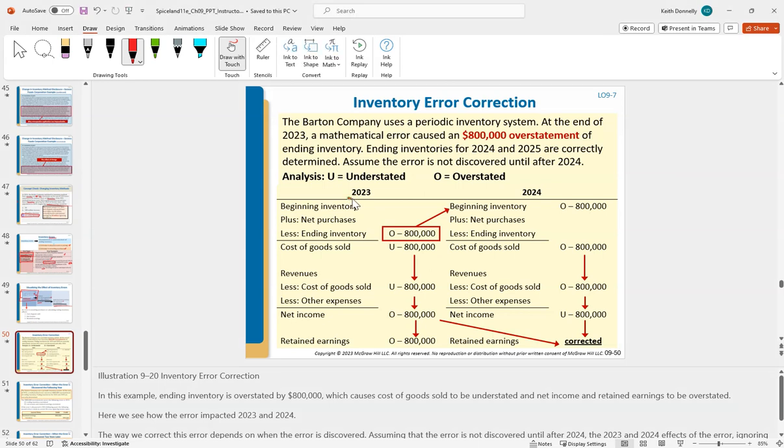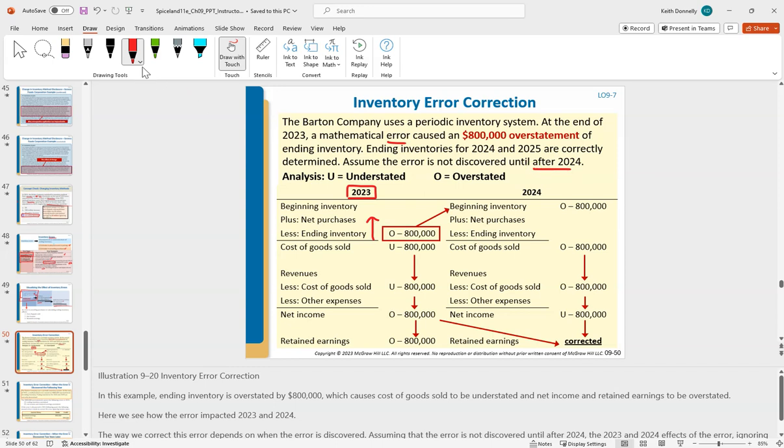At the end of 2023, an error caused an $800,000 overstatement of ending inventory, right? Our ending inventory is too big by $800,000. It says ending inventories for 2024 and 2025 are correctly determined. Assume the error is not discovered until after 2024, okay?